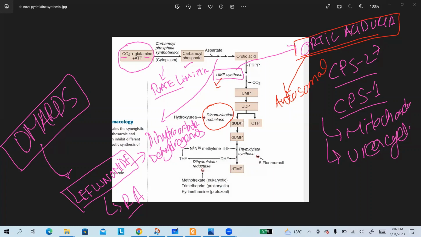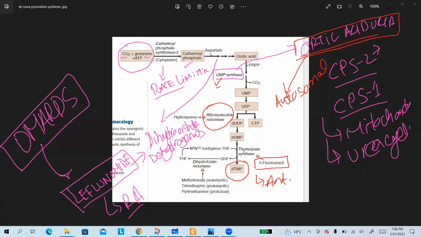This uridine diphosphate is converted into uridine monophosphate, and this is ultimately converted into thymidine. This conversion into thymidine is catalyzed by thymidylate synthase, which is inhibited by a drug called 5-fluorouracil. This is an anti-cancer drug.